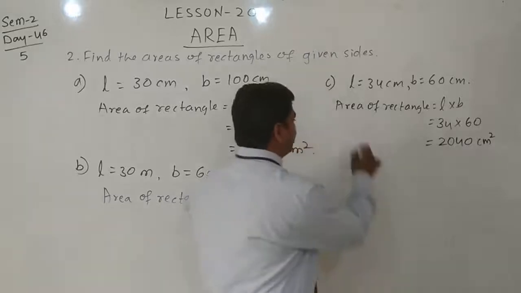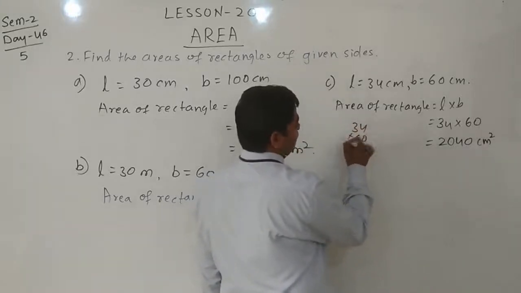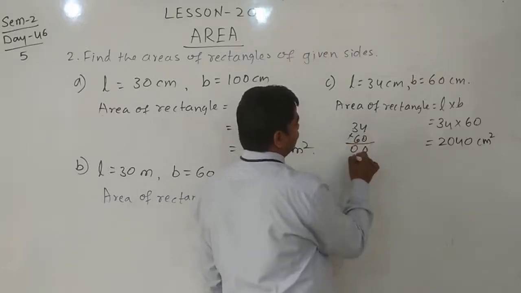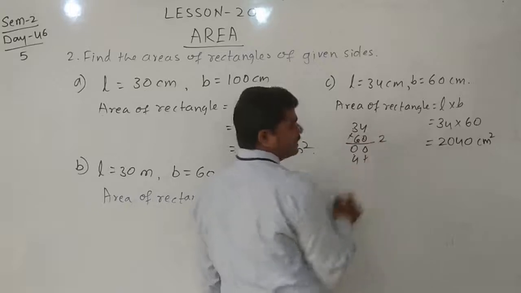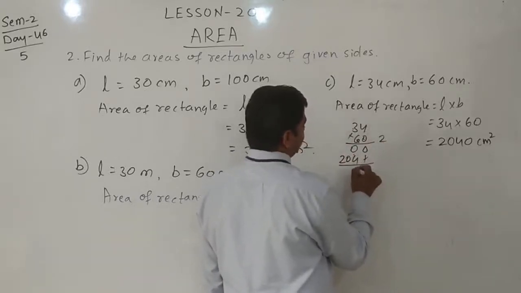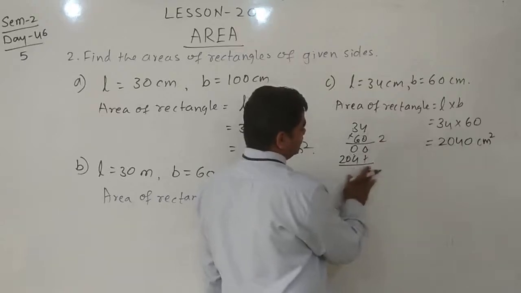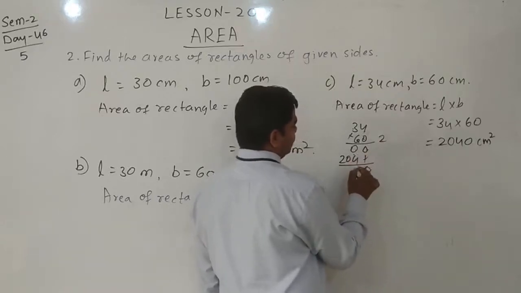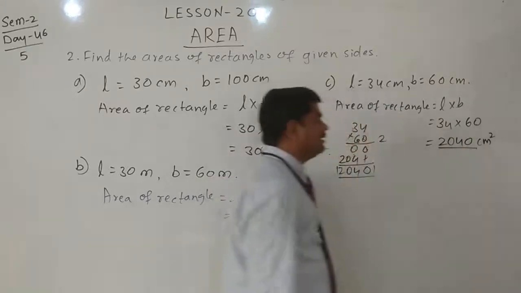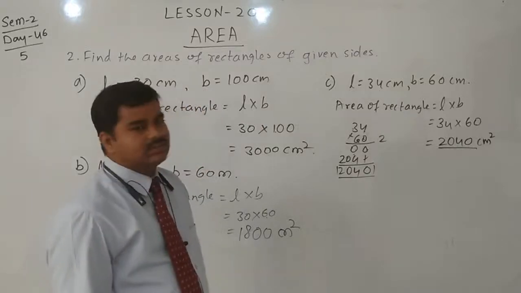If you have doubt, you can multiply 34 into 60. These zeros, 0 plus 6 fours are 24, 4 carry 2. 6 threes are 18 plus 2 is 20. So 2040 centimeter square.